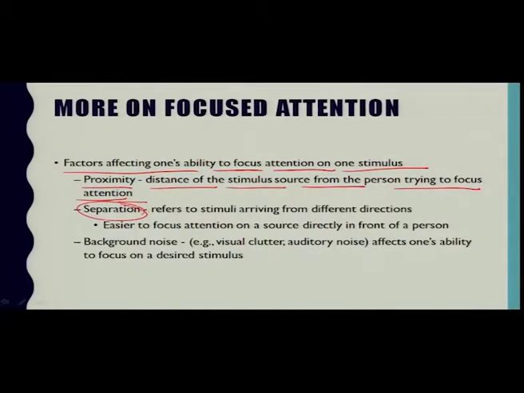Separation of the sources means that stimuli are arriving from distinctly different directions. So it is easier to focus attention on a source directly in front of a person, meaning it is easier to focus attention on the source that is facing you rather than someone located in your peripheral vision.